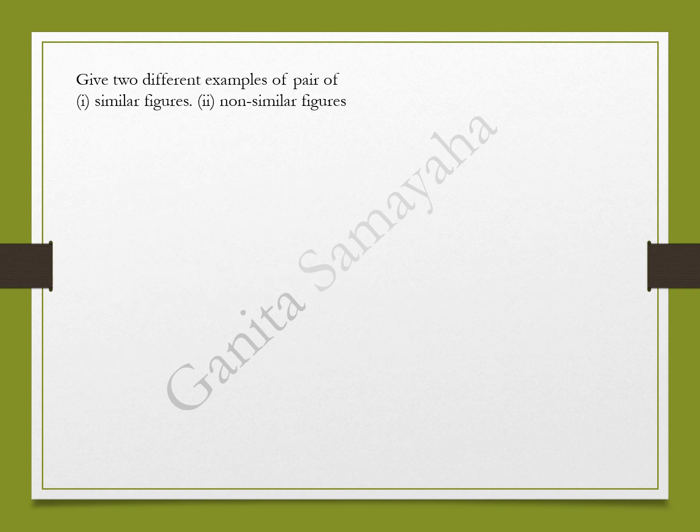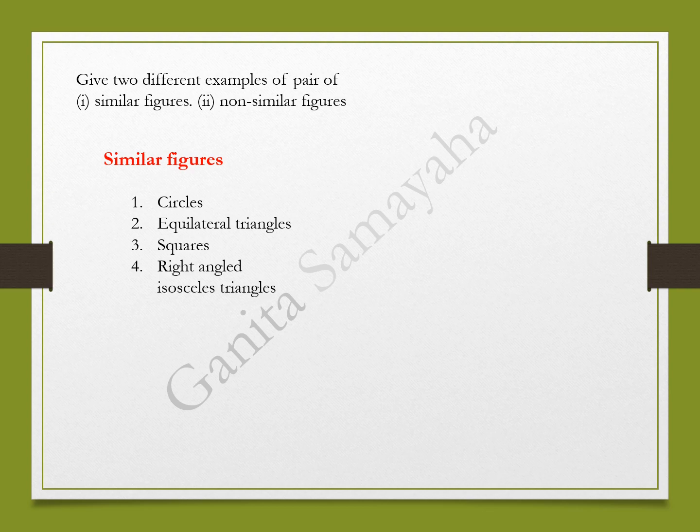Give two different examples of pairs of similar figures and non-similar figures. Similar figures, we have already seen a few. What are they? Circles, equilateral triangles, squares. We also have these right-angled isosceles triangles.